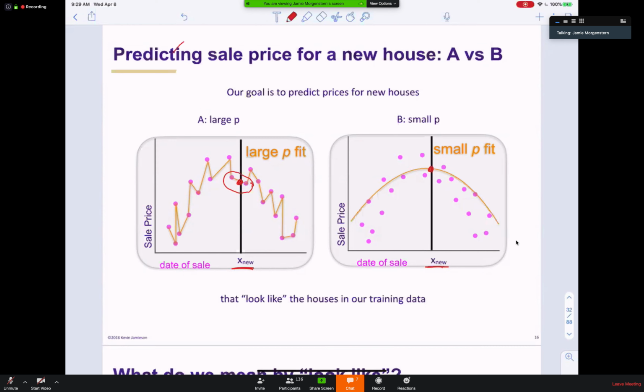So basically, model A is only looking at 2 previous data points to make the prediction for this new house, right, for sales price.